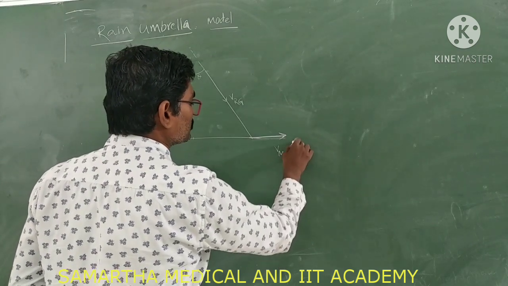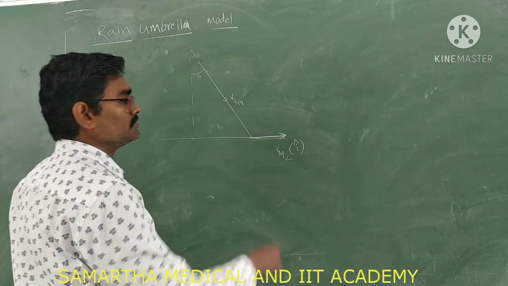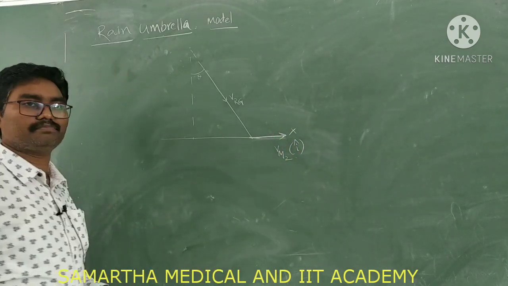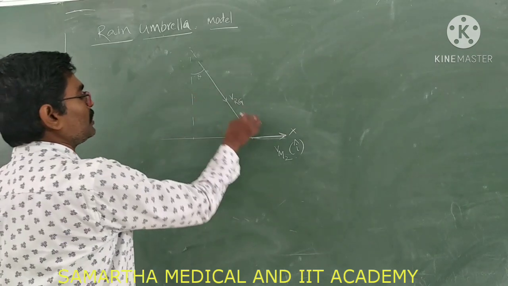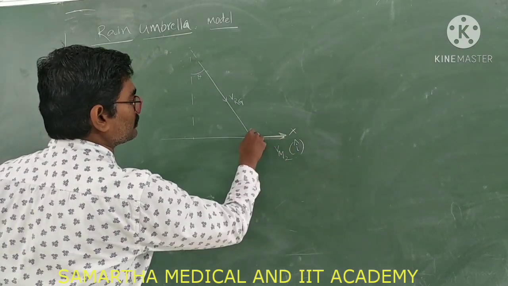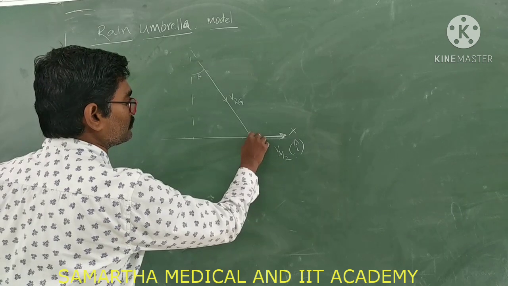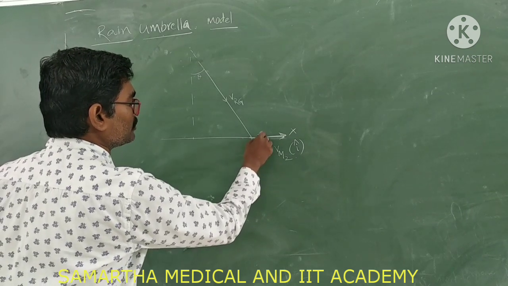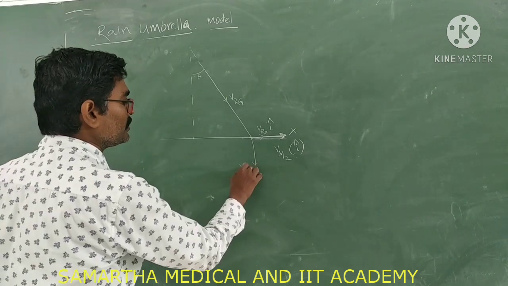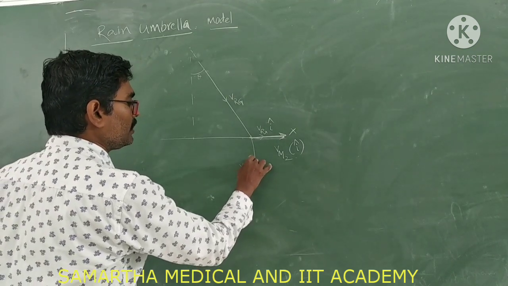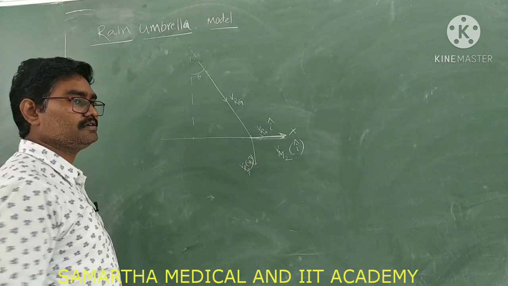The velocity of the man along the positive x-axis is Vm2 i cap. Now as the speed is increasing, what will happen? This is Vr1, this is Vrx i cap, and this is Vrz minus k cap. Correct?